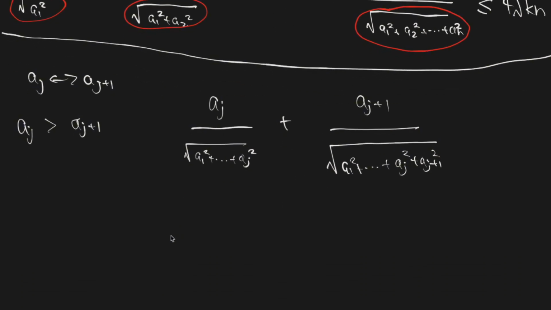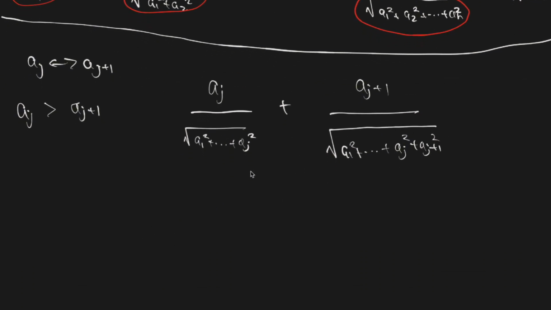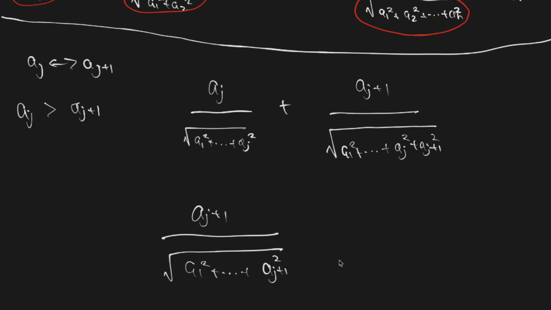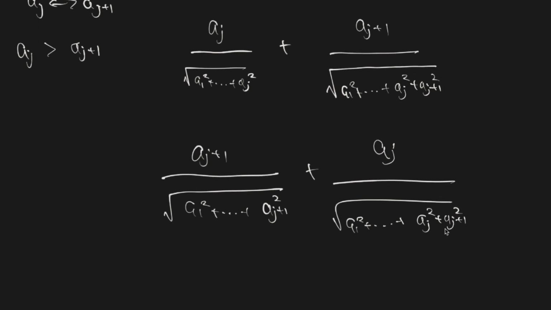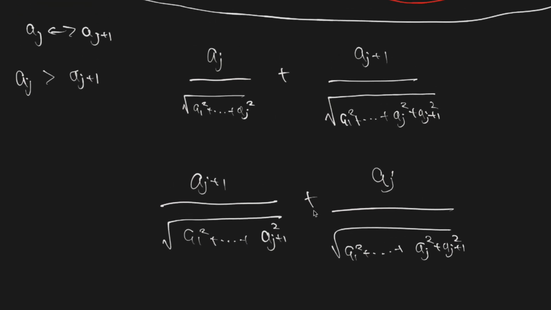Now I permute these two things, so I'm changing it to AJ plus 1 over the square root of a1 squared plus dot dot dot plus AJ plus 1 squared, plus AJ over the square root of a1 squared plus dot dot dot plus AJ squared plus AJ plus 1 squared. Okay, so this is the only change.